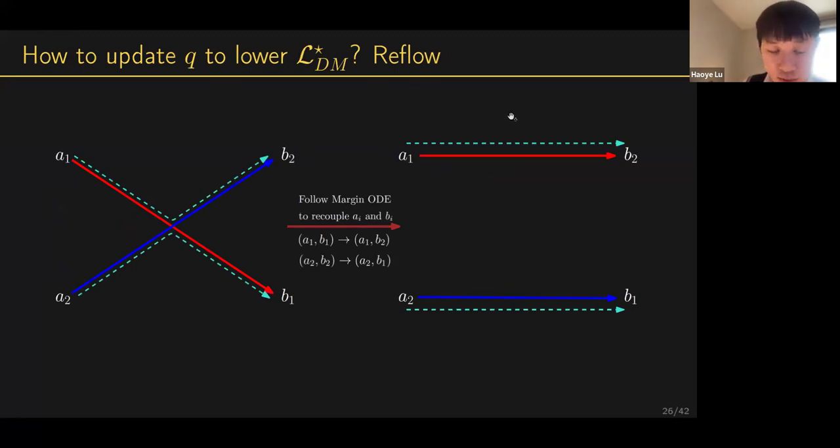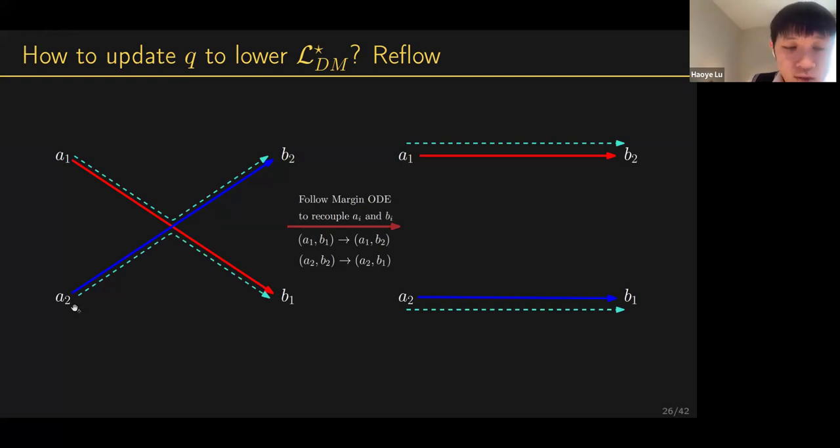The answer is reflow. And here's a toy example. Originally, we have the coupling A1 matched to B1 and A2 matched to B2. And we can train a marginalized flow to estimate the trajectory. Then we can start from A1 and follow the trajectory, and we will end with B2 this time.